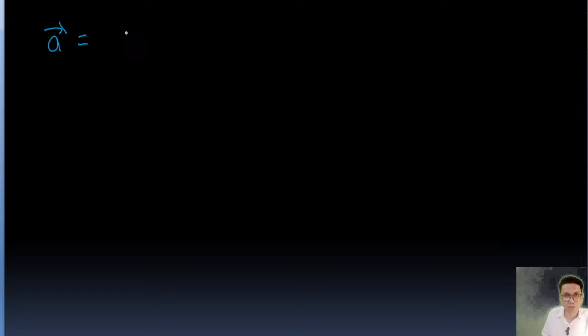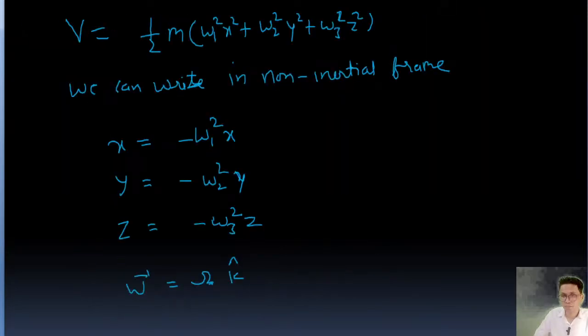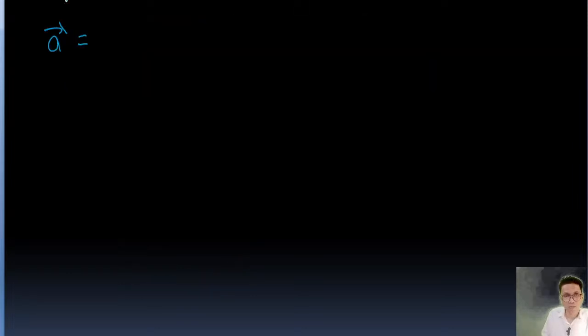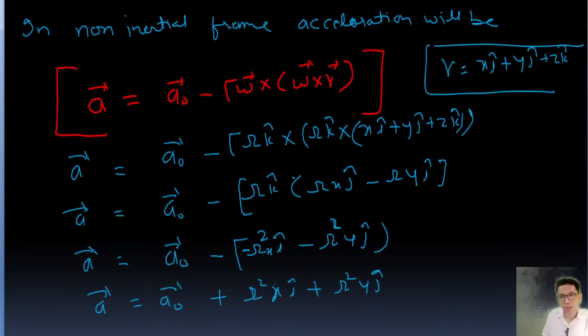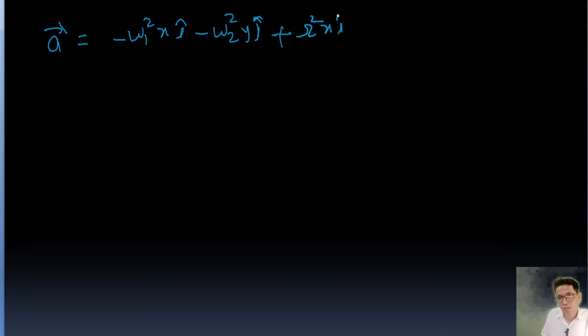So a naught is minus omega 1 square x i cap minus omega 2 square y j cap, and this is plus omega square x i cap plus omega square y j cap.